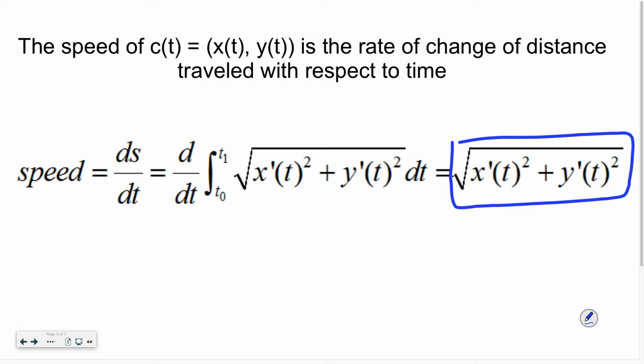Since x prime is squared and y prime is squared, they're always positive and then you're adding them together. But what if they're both equal to 0?